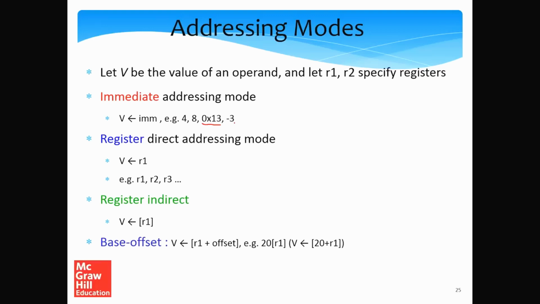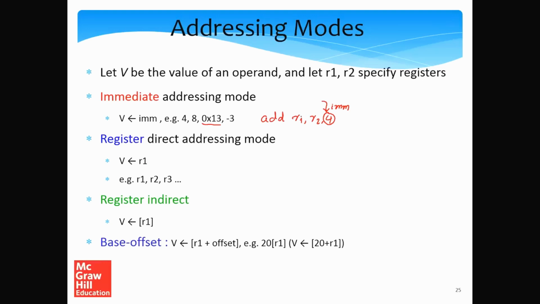When a constant is directly used as is, for example, if I have an instruction of this form, add R1, R2, and 4, this particular operand is using the immediate addressing mode because the constant is specified as is. Similarly, we can use the register direct addressing mode, where the value stored in the register is what is being used.